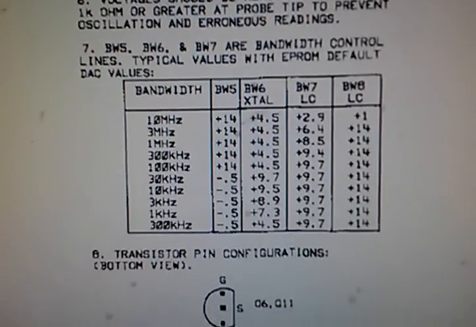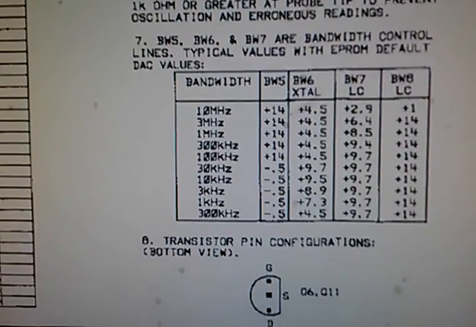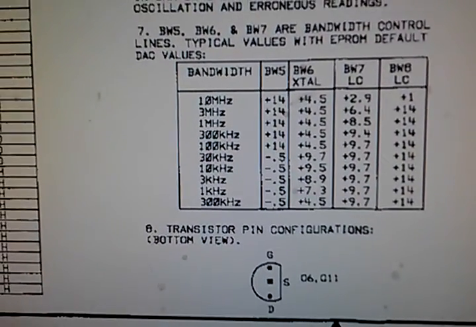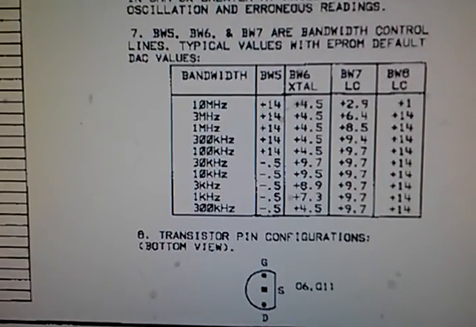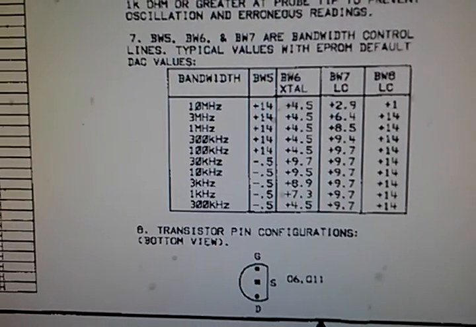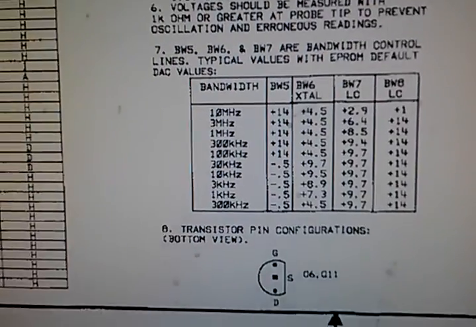All of these figures were exactly correct except for BW5. For BW5, the plus 14 figures were correct. But when it switched from the LC filters to the crystal filters, instead of negative 0.5, I got negative 1.2, or very close to that approximately.